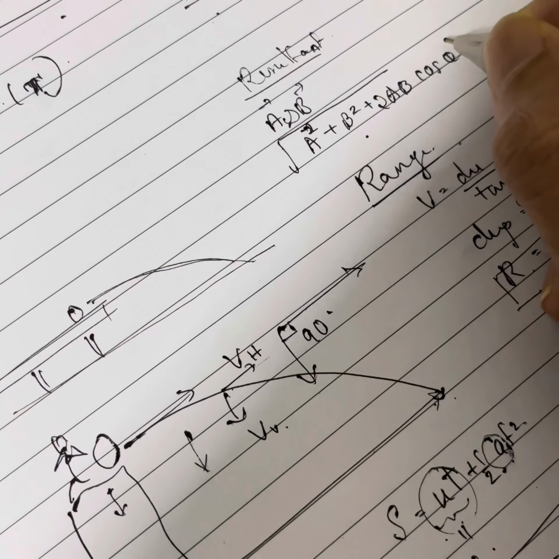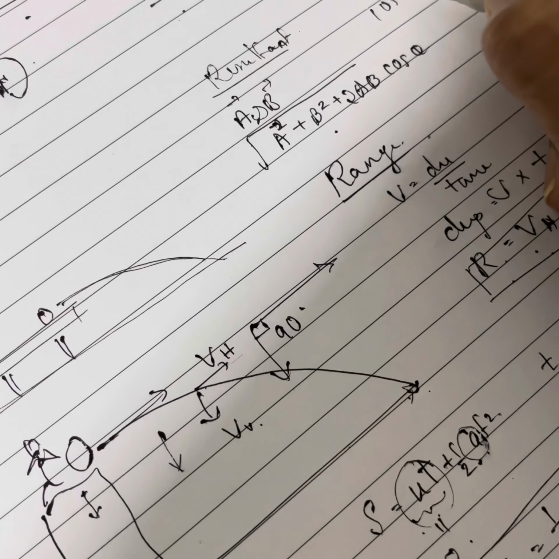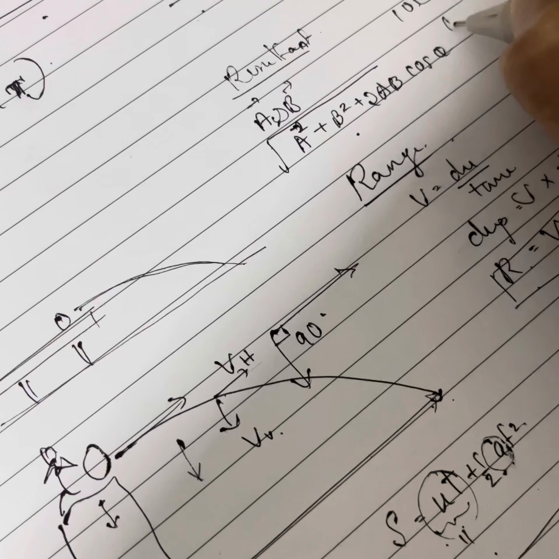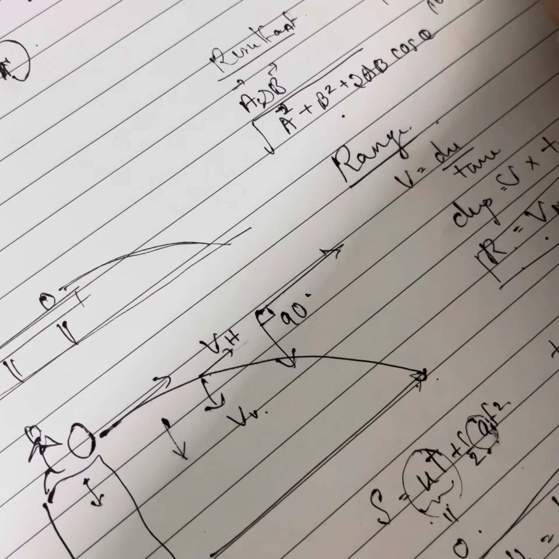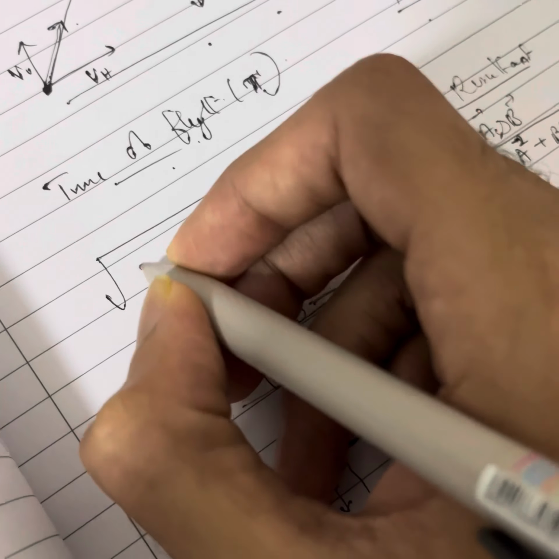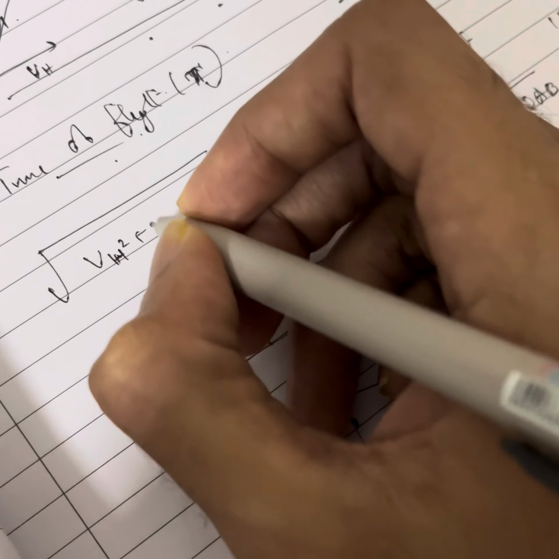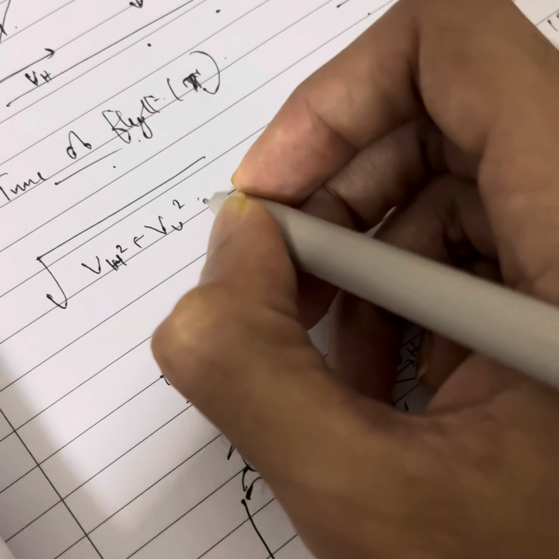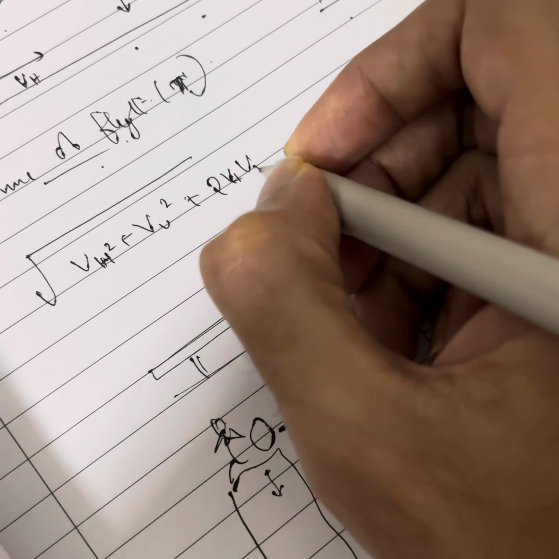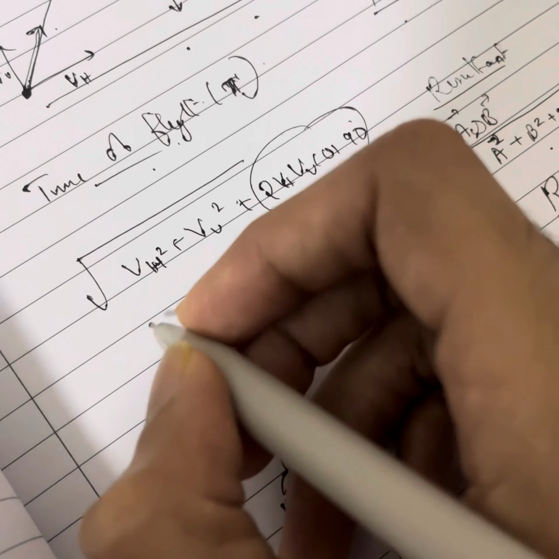Theta is equal to 90 degrees, and when theta is equal to 90 degrees, cos 90 becomes equal to 0. The entire term will become equal to 0. So we can write VH square, horizontal component squared, plus VV square, vertical component squared, plus 2 VH VV cos 90, and the entire term becomes 0.